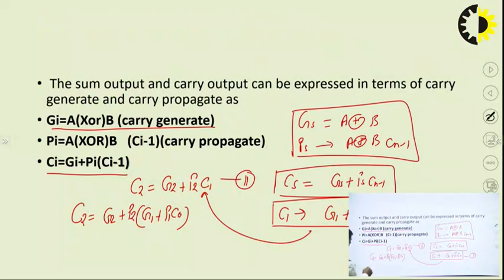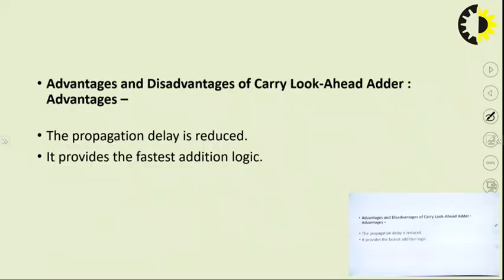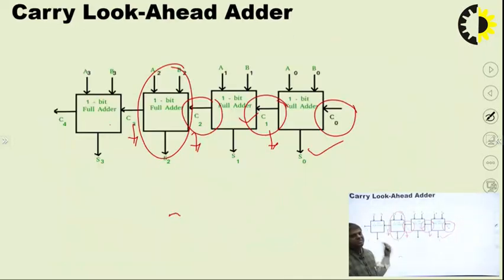Now when we solve this equation, we find the value of C2, that is G2 plus P2 G1 plus P2 P1 C0. That is the value of C2, and that value is implemented here. Then the carry propagation delay for this full adder is automatically removed.